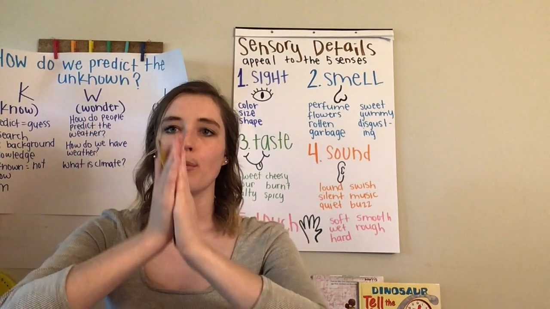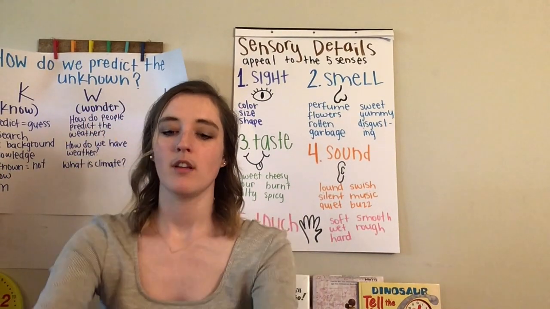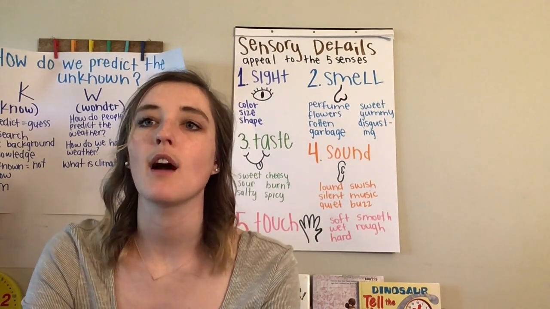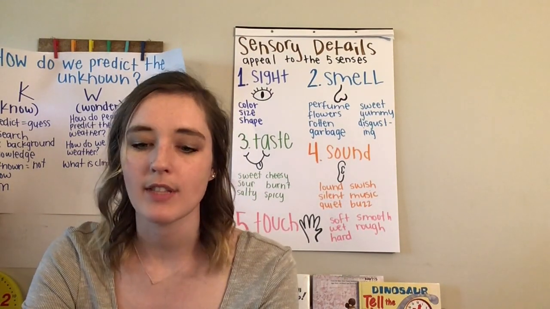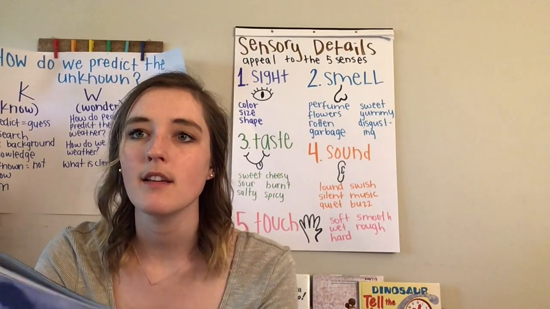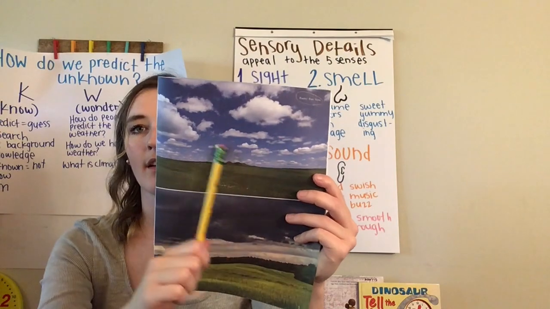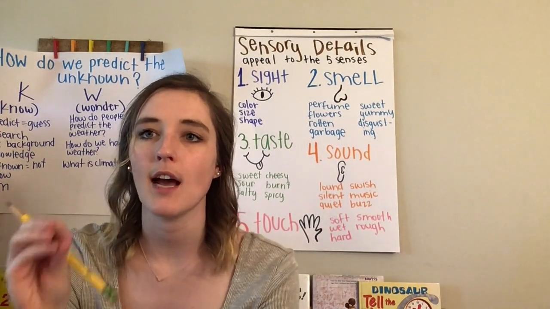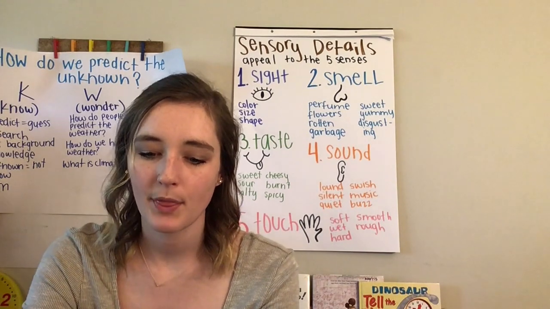Pressing means you press and touch. There's a blue field in the sky. The blue is the color of the sky, so that is another sight detail. And they describe the clouds as cotton, as white. As you can see, the white and cotton is a touch. It's nice and fluffy.